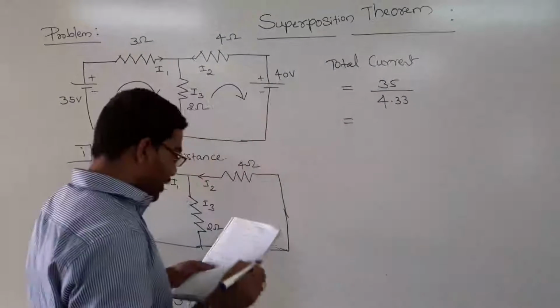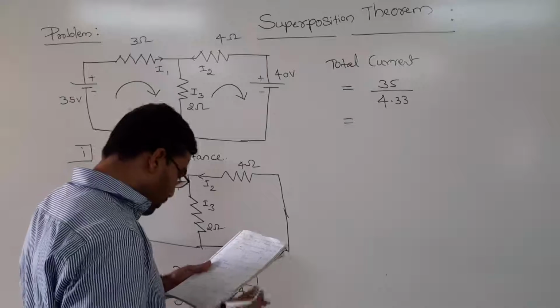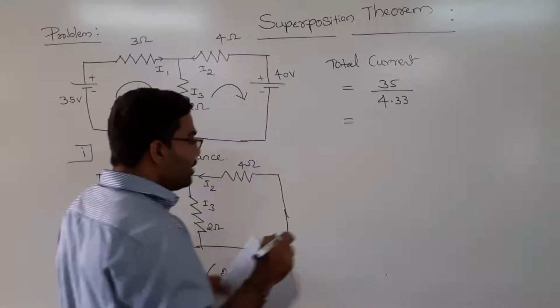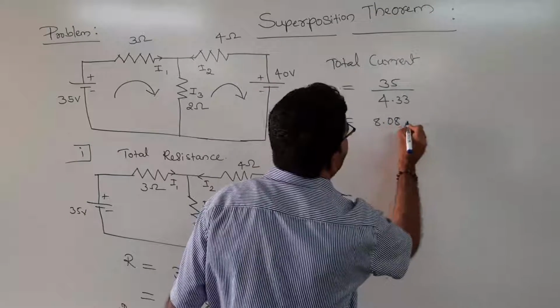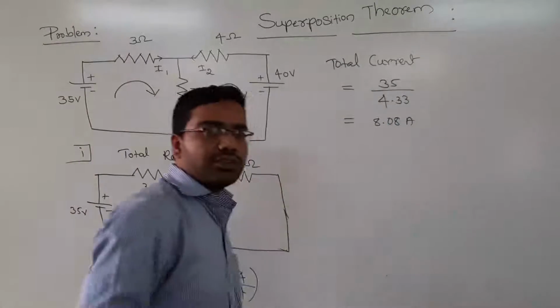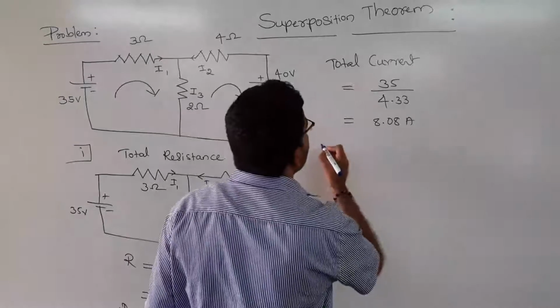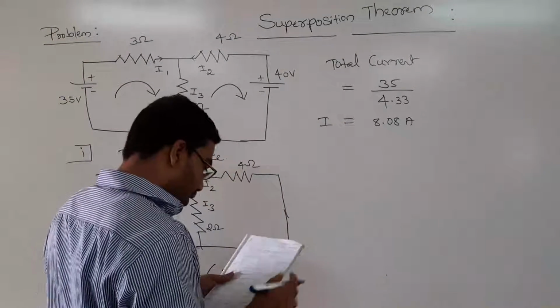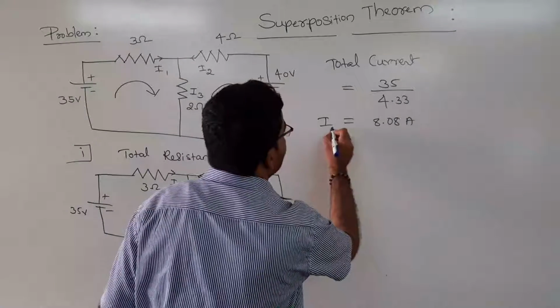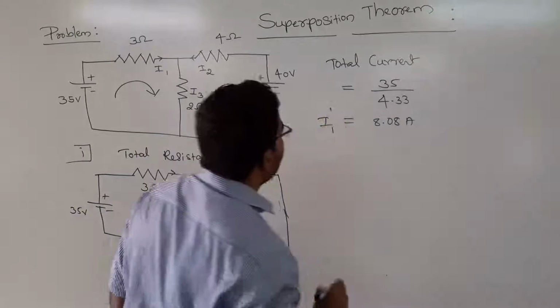Then what will I get as the total current value? I will get 8.08 amperes. So that is the value of I1 dash. I will take it as I1 dash.